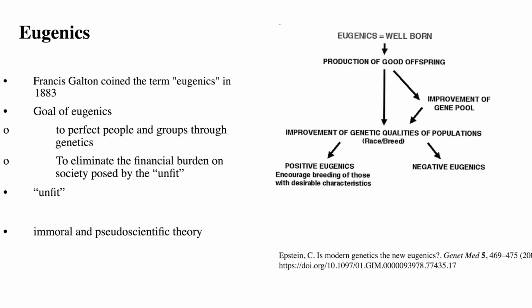Eugenics was coined by Francis Galton, who, if anybody here has ever taken my class, is the cousin of Charles Darwin. Yes. And he coined the term in 1883, and essentially the goal is to make perfect people through genetics, to eliminate what they call the financial burden on society posed by the unfit.